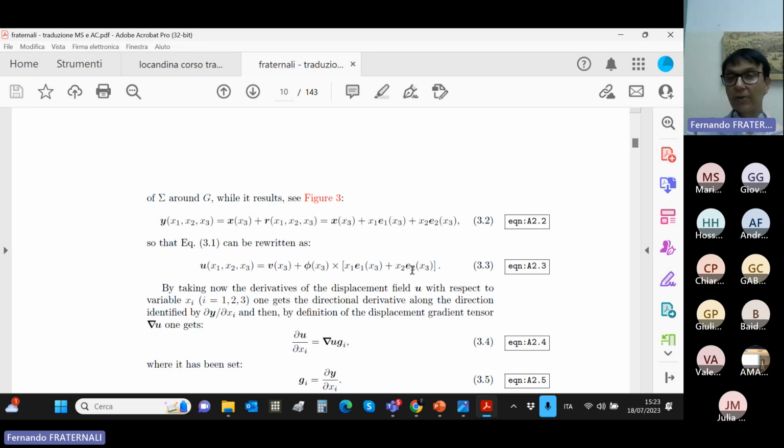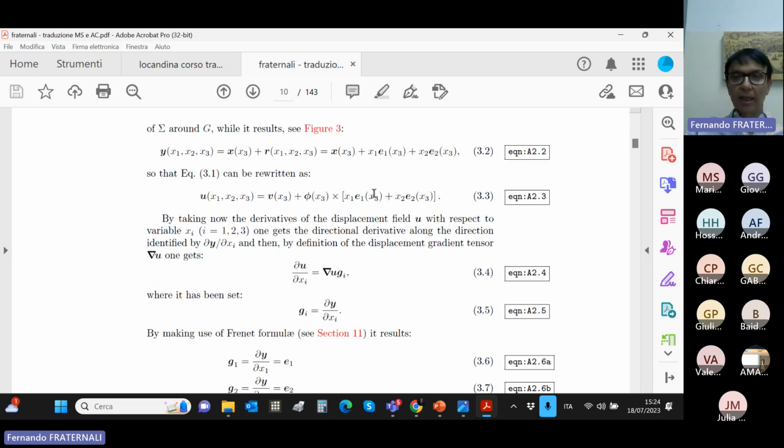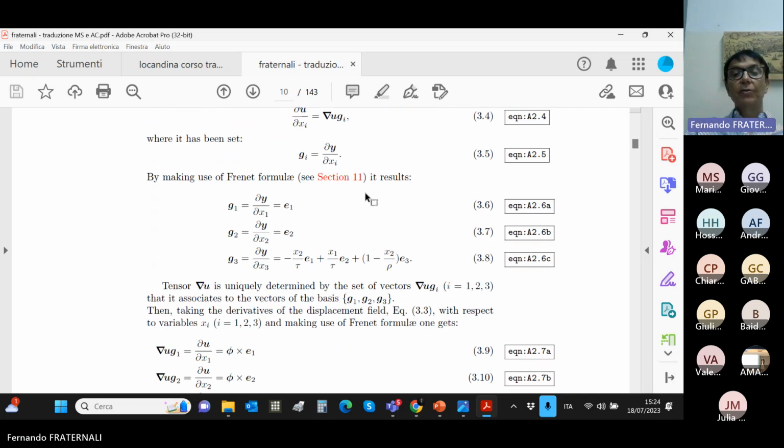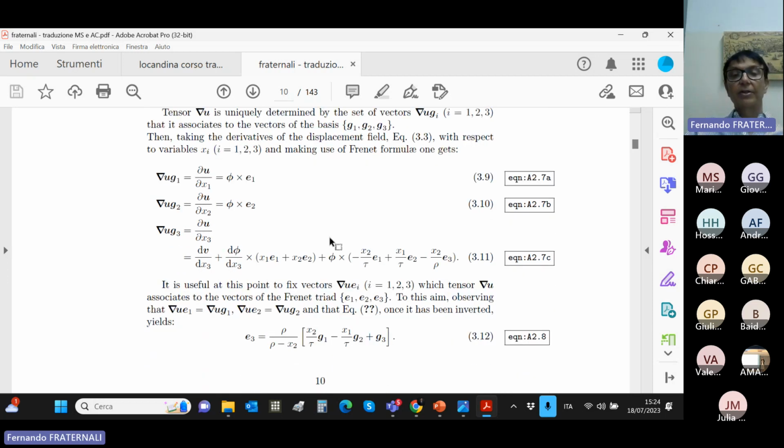Those derivatives do not appear in the theory of the straight beam, for the simple reason that the triplet that we use in a straight beam does not vary along the axis line. So these are the expressions of the three vectors that define the gradient of U, and we have defined how this gradient of U applies to these three vectors.